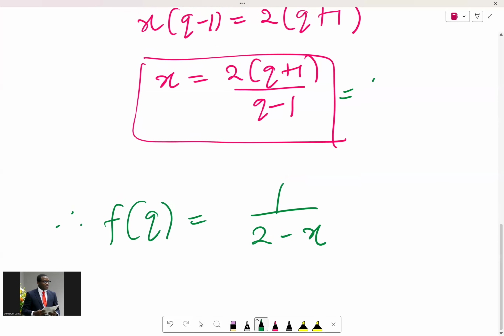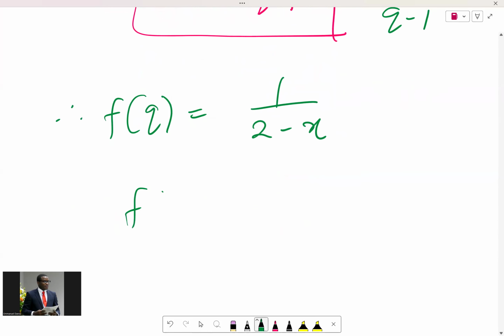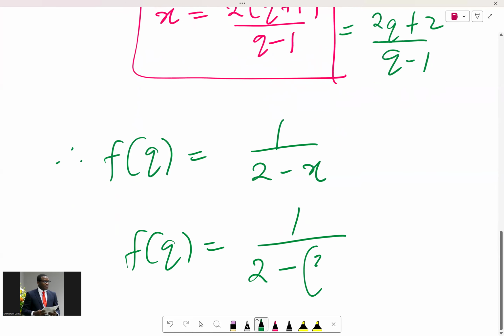Don't forget, this is still the same thing as (2q + 2)/(q - 1). I think this is a better form to substitute here. So f of q is equal to 1/(2 - x), where x is (2q + 2)/(q - 1).